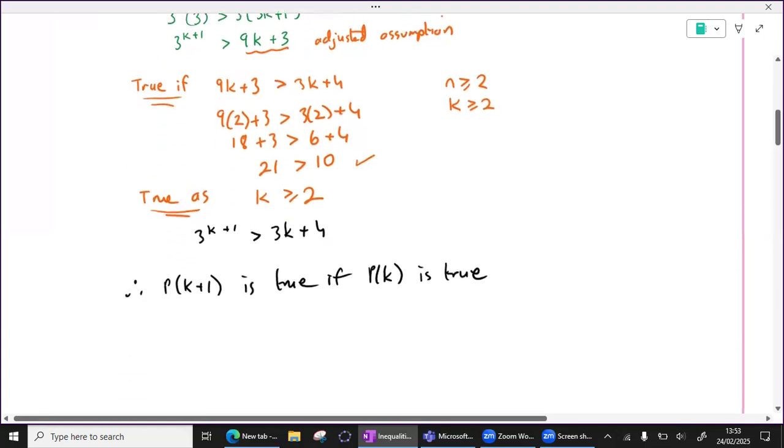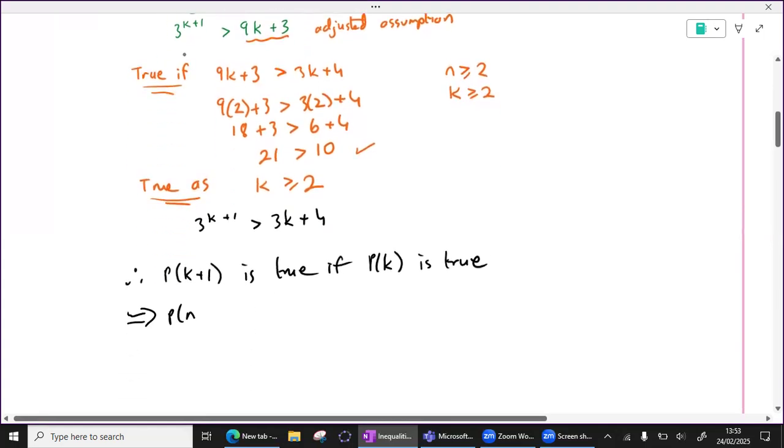And then this implies that P of n is true for all n is an element of N. Now we do have to include the restriction where n is bigger than or equal to 2. So don't forget just to include that last detail.